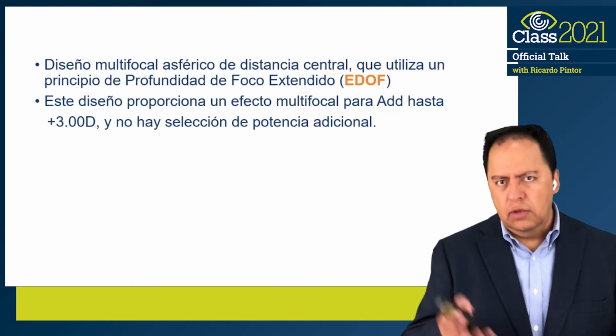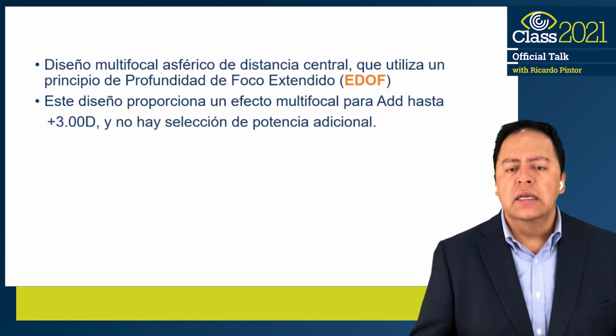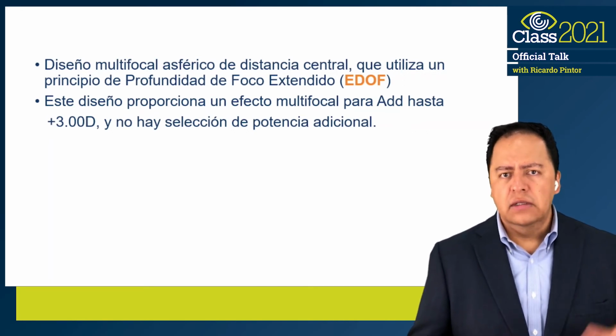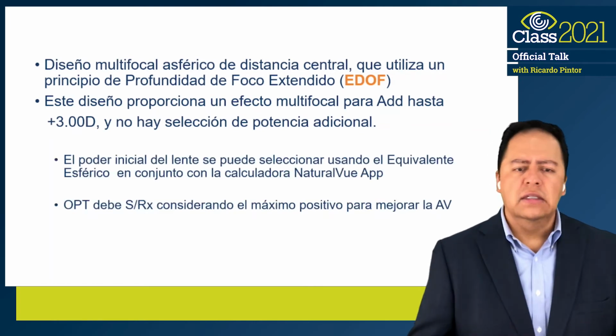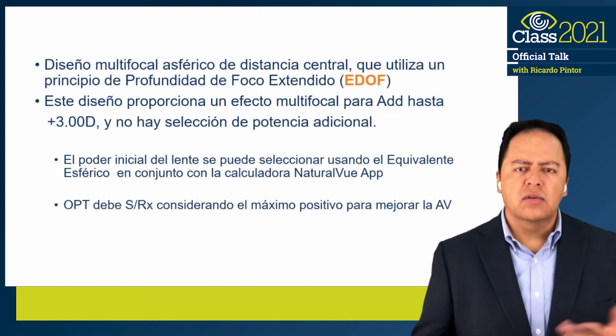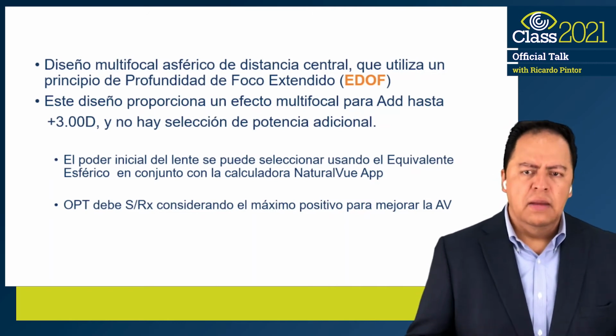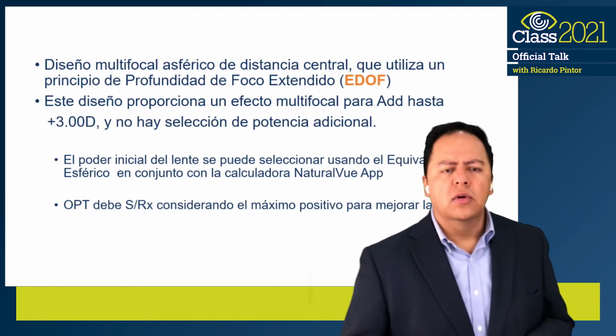This design provides a multifocal effect, but only in additions of up to 3 or more diopters. To select the power, of course, you have to calculate the spherical distance correction and the transfer to the vertex distance, and at a given moment, like the other multifocal designs, consider it in the refraction, to give the best possible visual acuity to patients.